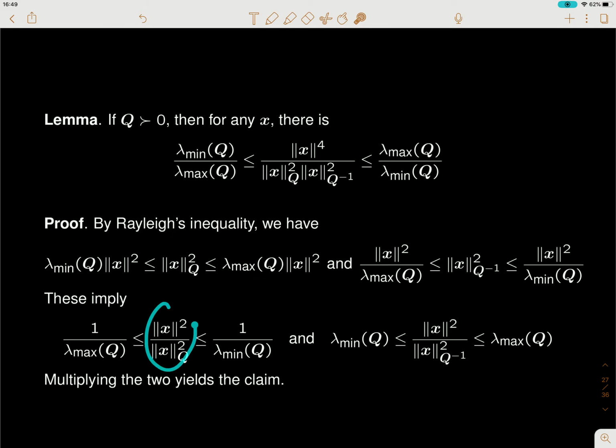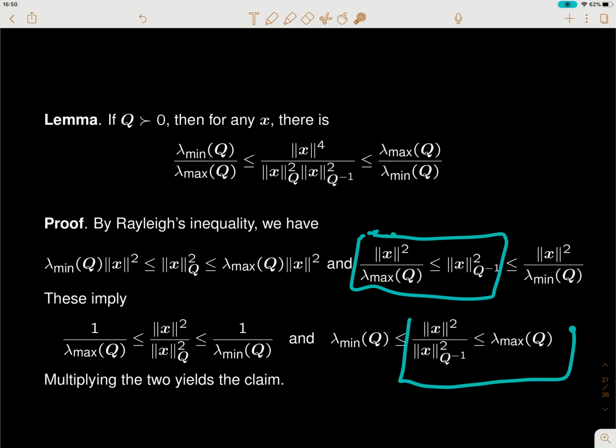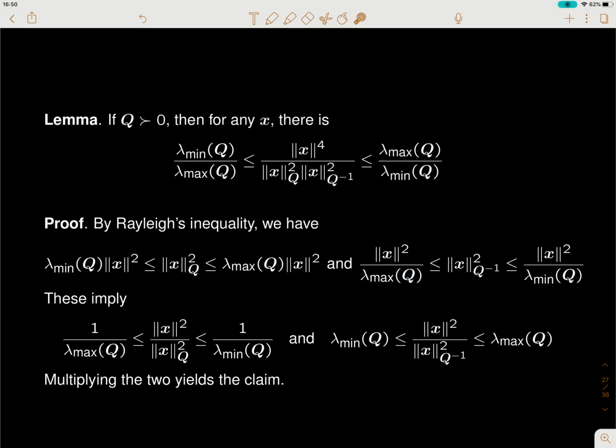So that's why the ratio here is between 1 over lambda max of Q and 1 over lambda min of Q. Similarly for the other one, if I divide both sides by the squared Q inverse norm of x, just moving this here and this back there, it's a very simple algebraic change. And for this part, when I divide both sides by the squared Q inverse norm of x and multiply both sides by lambda min of Q, I will have this.